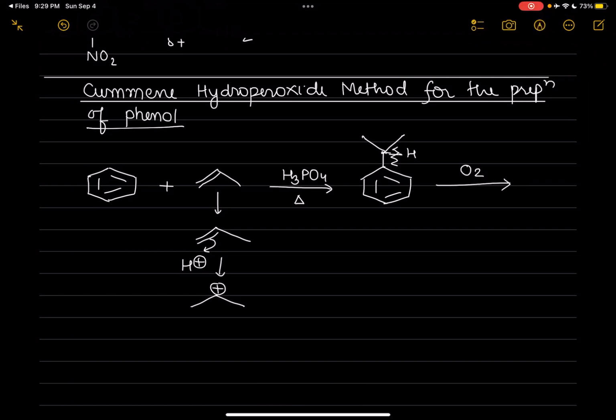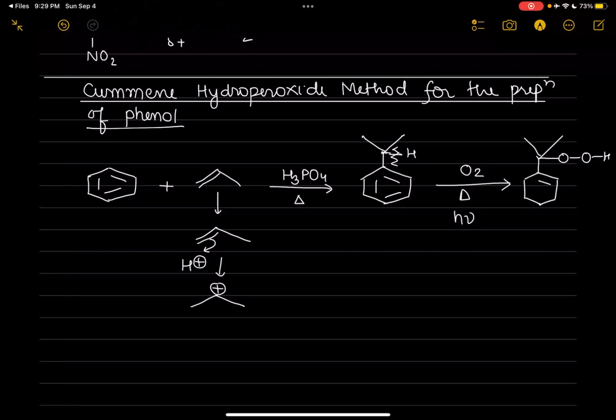Okay, so what happens, this oxygen will get connected to the carbon, this H will break, and the oxygen will come between the carbon and hydrogen. So you take heat or light. So this is like ozonolysis, but if you would have used O3, then it would have been known as ozonolysis.